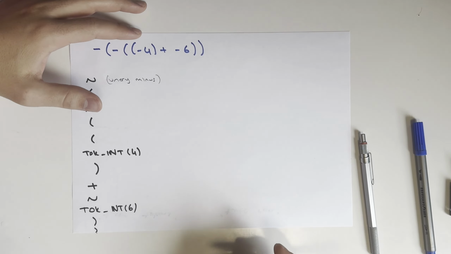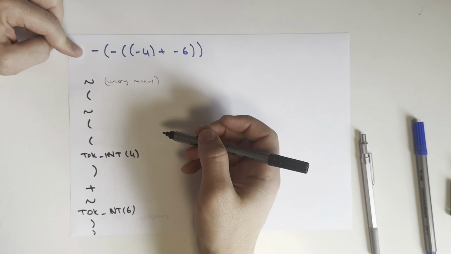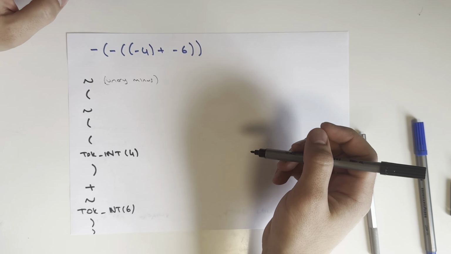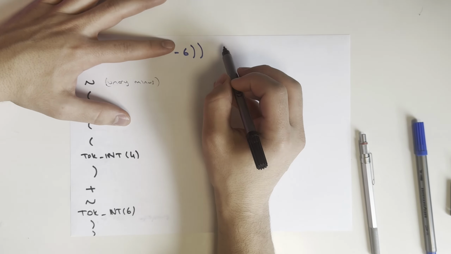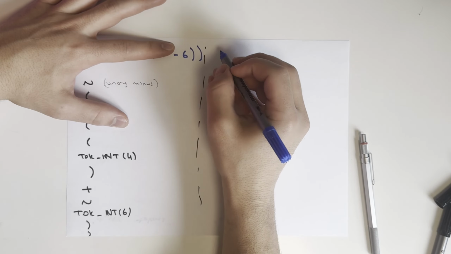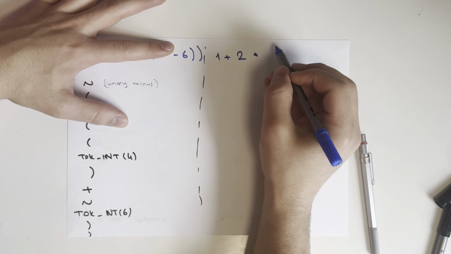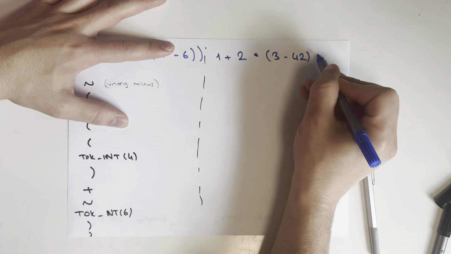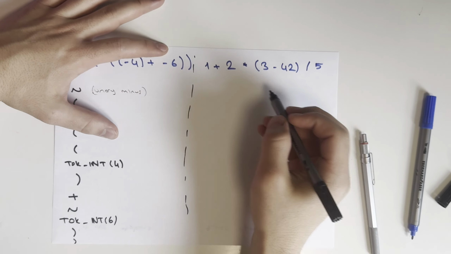Okay, now we already found the unary minuses beforehand, so it will be easier if I show another example. Let's give another equation here: 1 plus 2 times (3 minus 42) divided by 5. I will just put the lex tokens out.